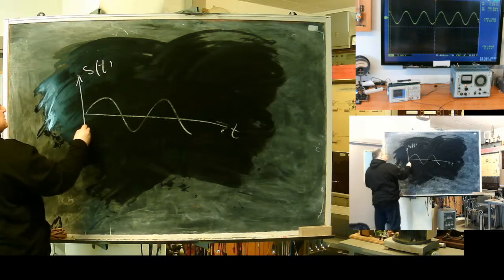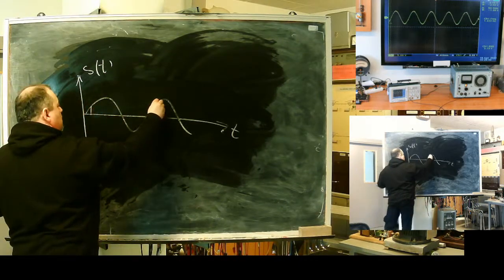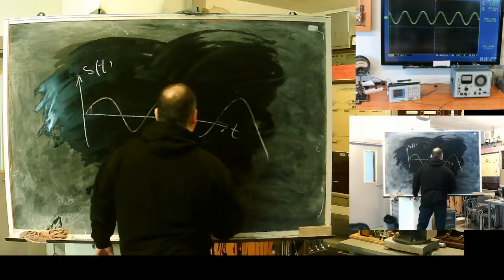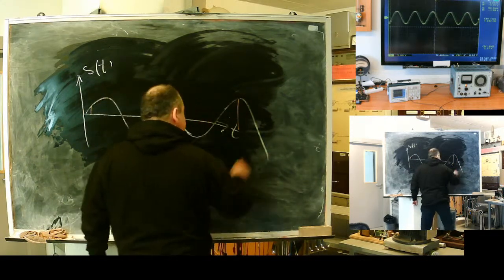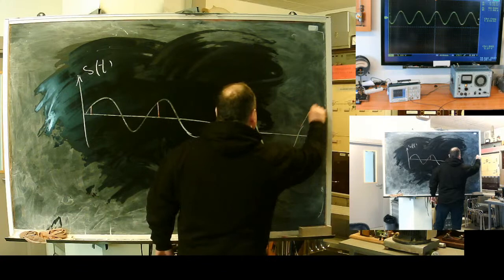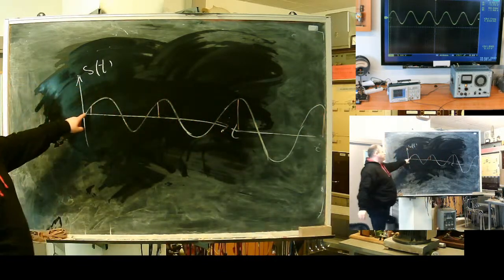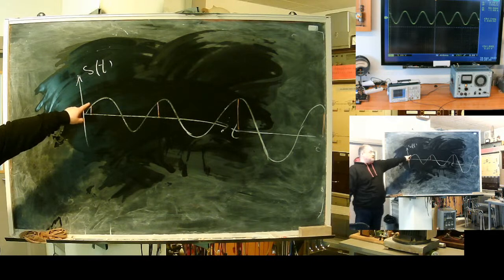We can face another situation. Let's say here, the next one will be here. Next one here. What kind of picture will these red dots form? A very slow sine.